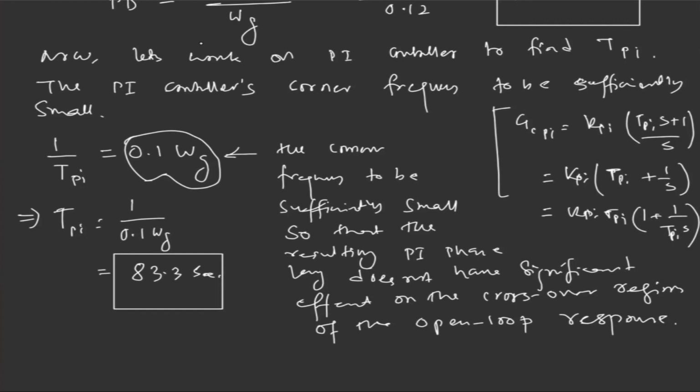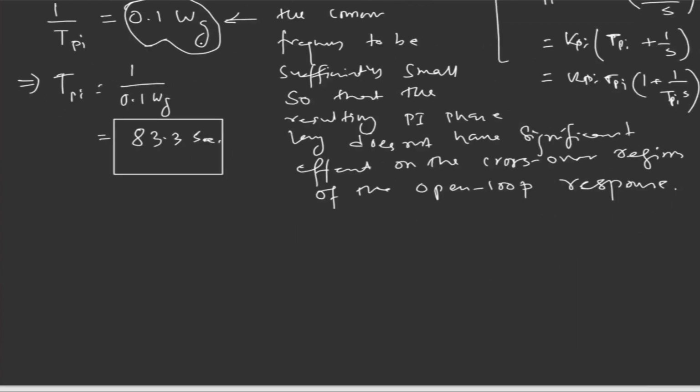Okay, now we'll find the total gain of the control system, the final part. To find the total gain at the gain crossover frequency, we take the magnitude of the open loop transfer function equal to 1.